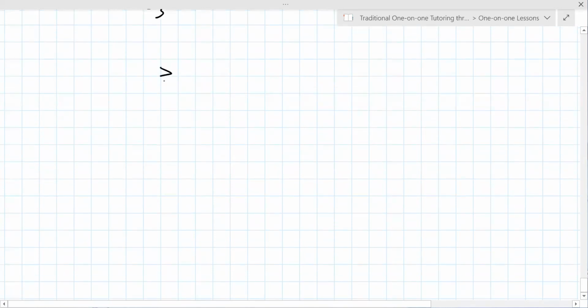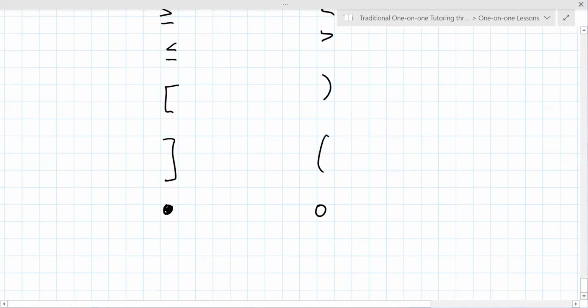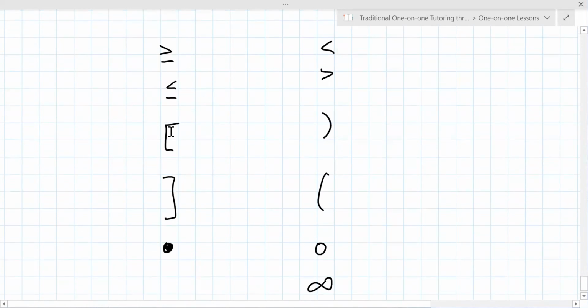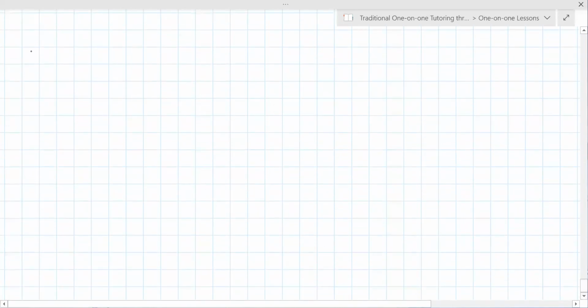The following symbols always go together, and infinities always go with parentheses. So a dot goes with a bracket, a dot goes with a greater than or equal to, and so on. That's interesting. Yeah, it's a kind of shortcut there.